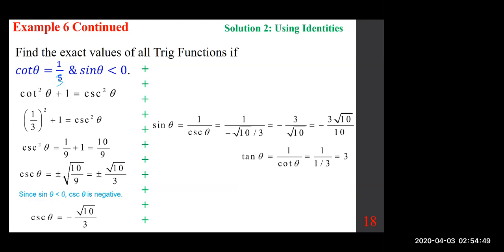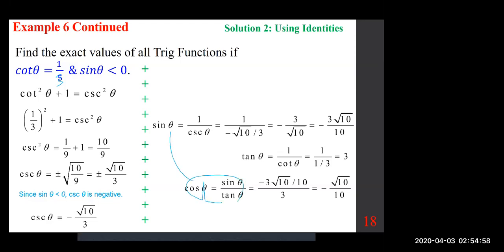Now we can use this formula. Cosine is sine over tangent. Let me make sure everybody understands how we arrive at it. You can say tan theta is sine theta over cosine theta, right, class? So therefore, cosine theta is sine theta over tan theta.